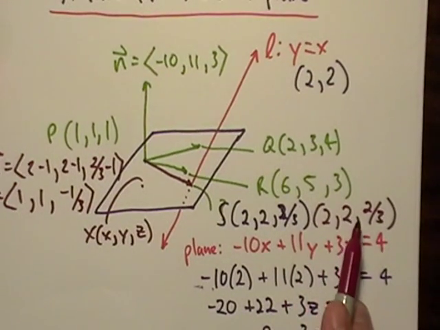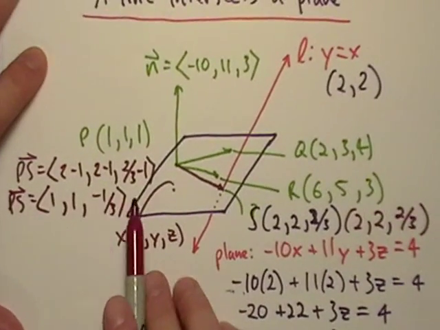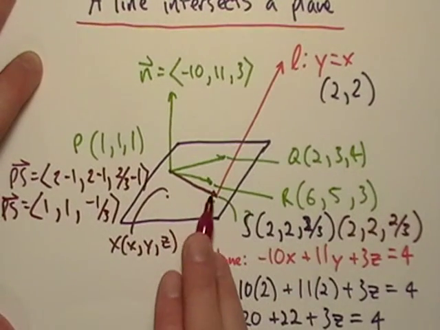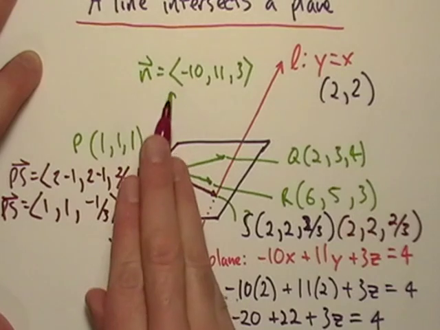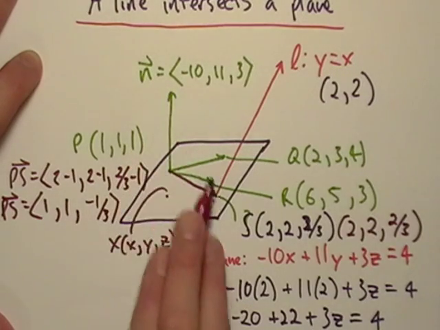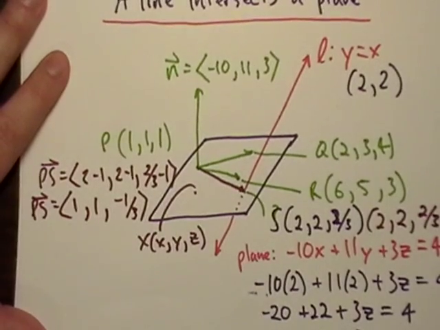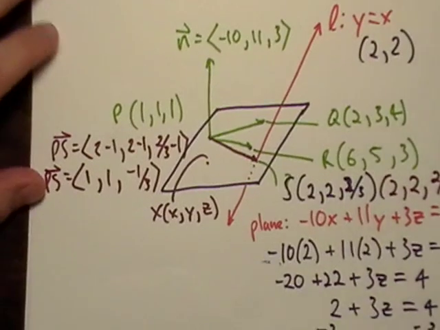Now that we found our suspect point, we're pretty sure it intersects the plane here, but I want to make sure this point is actually on the plane. If I dot product n and PS, I should get 0, shouldn't I? That's how I'm going to double check this, because I'm a little rusty on this too.